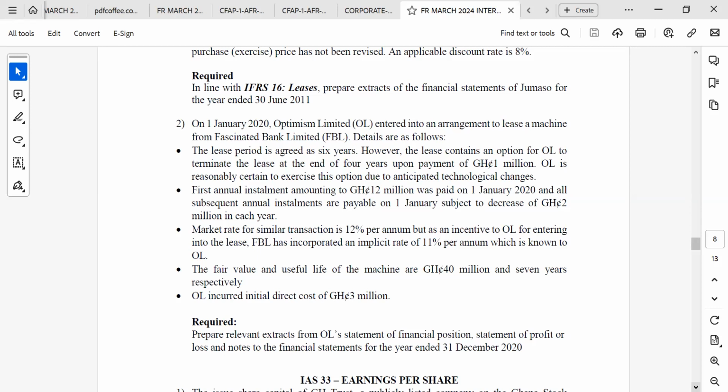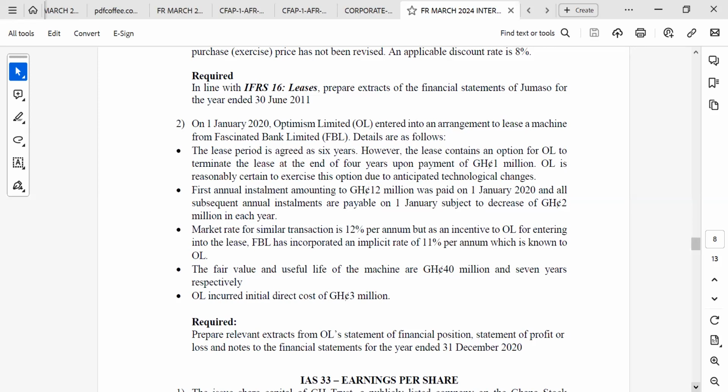When are they entering into the lease agreement? First January 2020. Okay. When was the first installment paid? When was the first rental paid? First January, so they are paying in advance, isn't it? Yes, please.